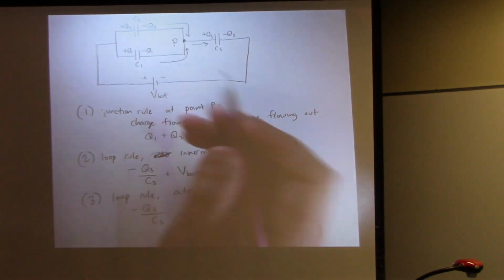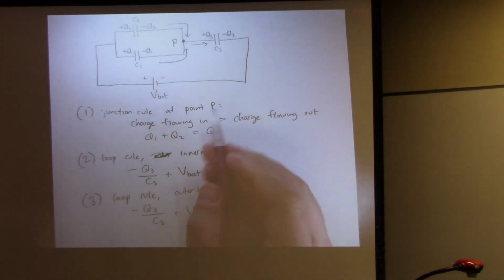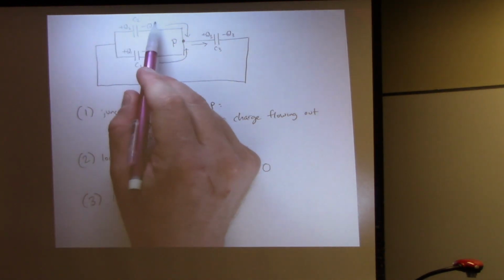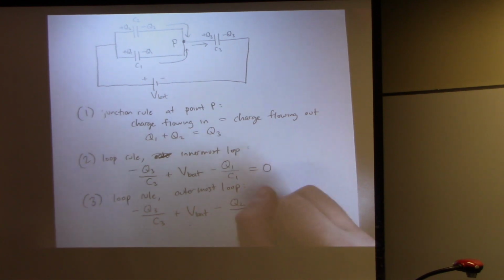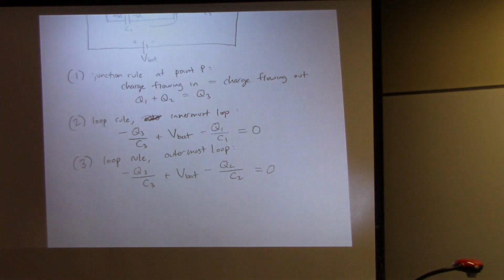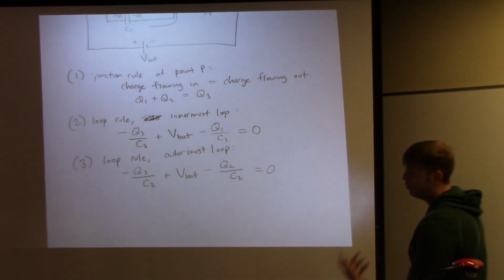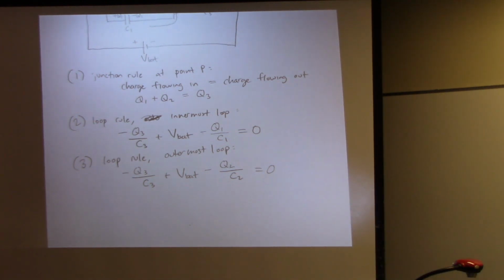Then we're going across the battery just like before, which gives us positive V battery. But now we're going across capacitor number 2 to complete the loop, which is minus Q2 over C2. That equals 0. So what do we have here? We have 3 independent equations, generated using Kirchhoff's rules, and we have 3 unknown charges.